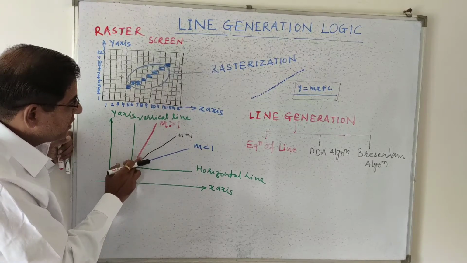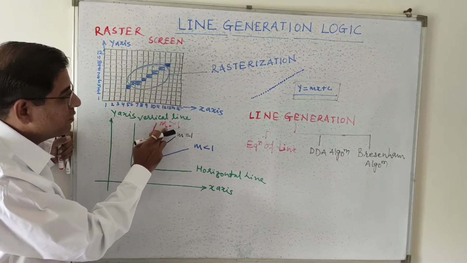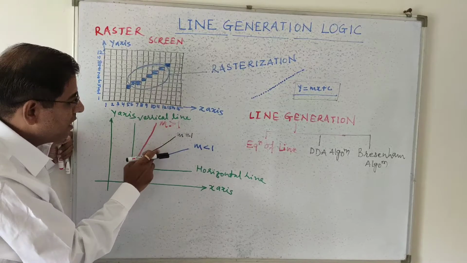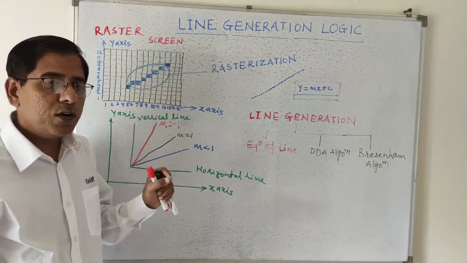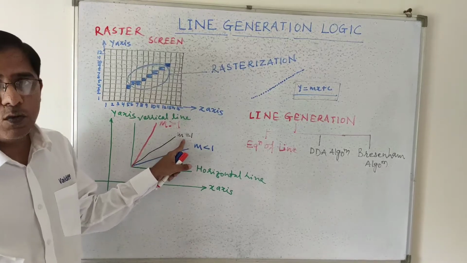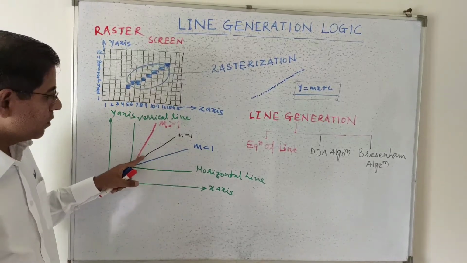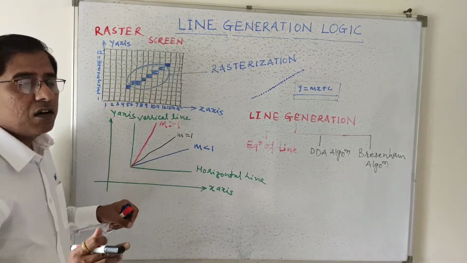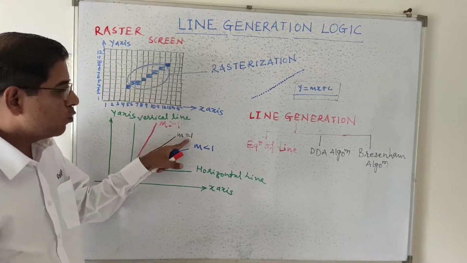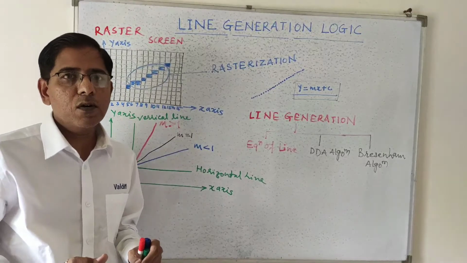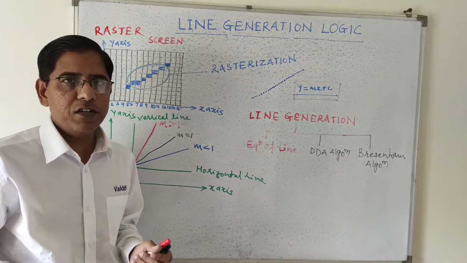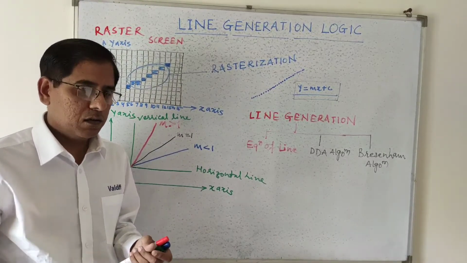A line having inclination greater than 45 degrees, which has slope greater than 1, and one having inclination equal to 45 degrees, that is slope equal to 1. So these are the different types of lines that you come across while drawing any geometry.